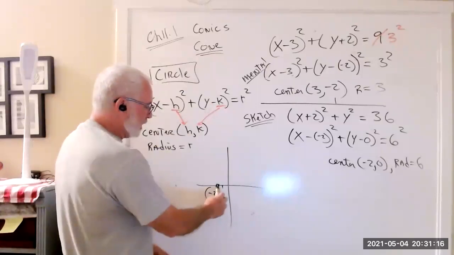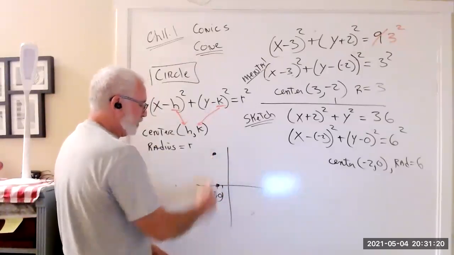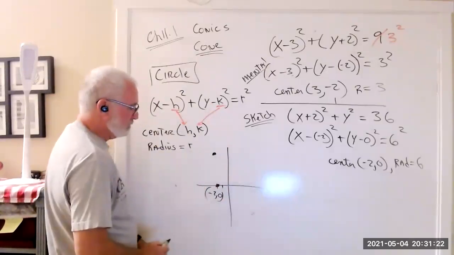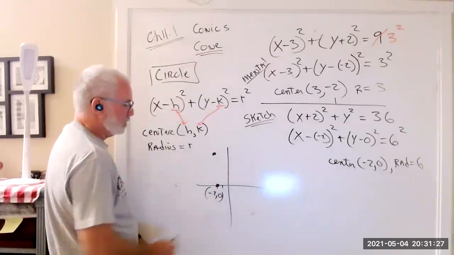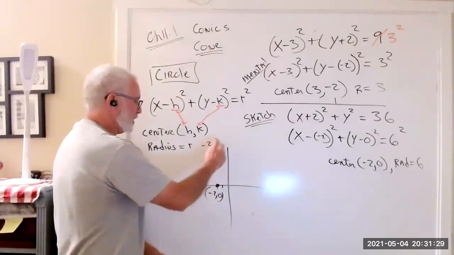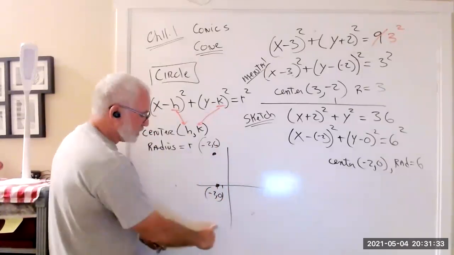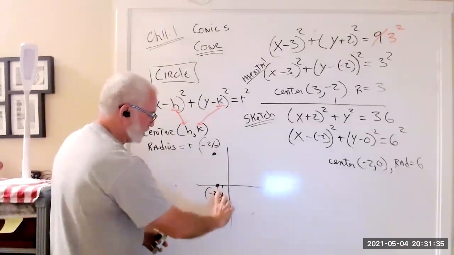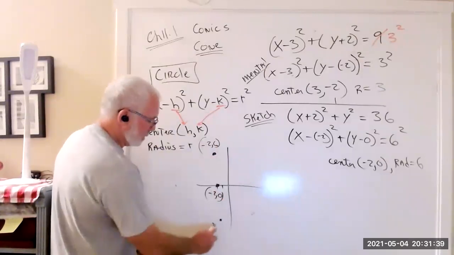So what if we went up? Where would it be if we went straight up? What would that point be? -2, 6. Yep, -2, 6. What if we went straight down? What if that was the point I wanted mom to go through instead? -2, -6.